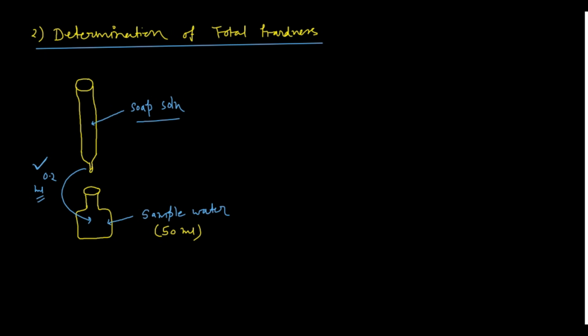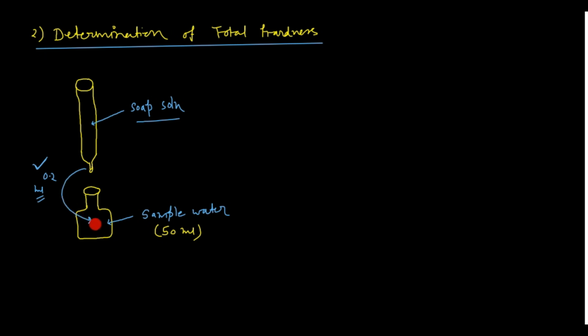So if you add the 0.2 ml of the soap solution, again I'll stopper the bottle and shake the reaction mixture well, and I'll notice the formation of the lather, whether it is happening or not, and I'll keep doing this addition of this 0.2 ml until I observe any formation of the lather in the glass-stoppered bottle.